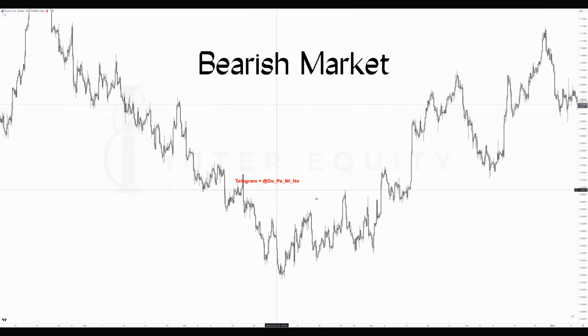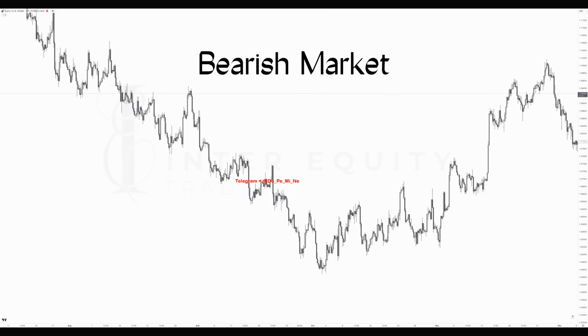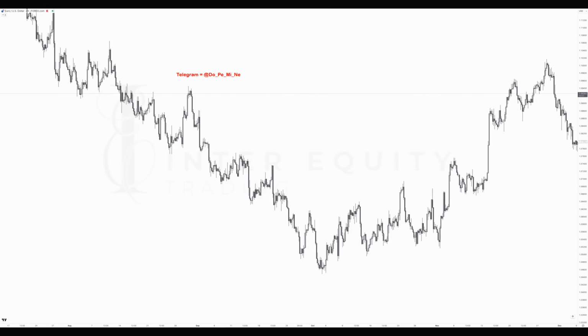All right, going into the bearish market. The bearish market is known by its lower lows and lower highs. Over here, you can clearly see this is in a downwards movement, so price is moving to the downside. It's in a downtrend.